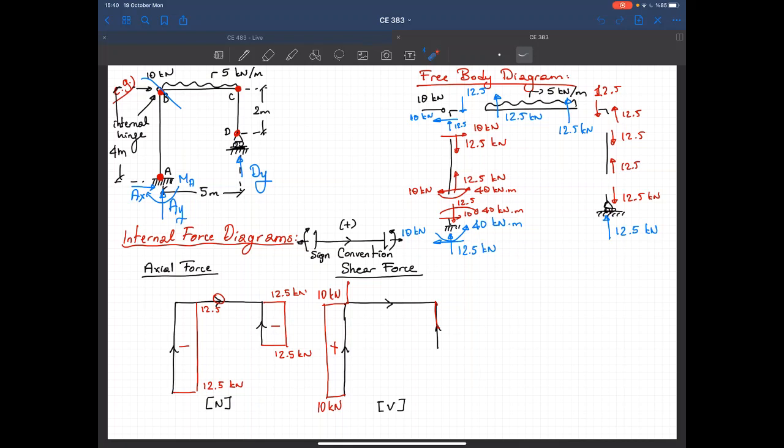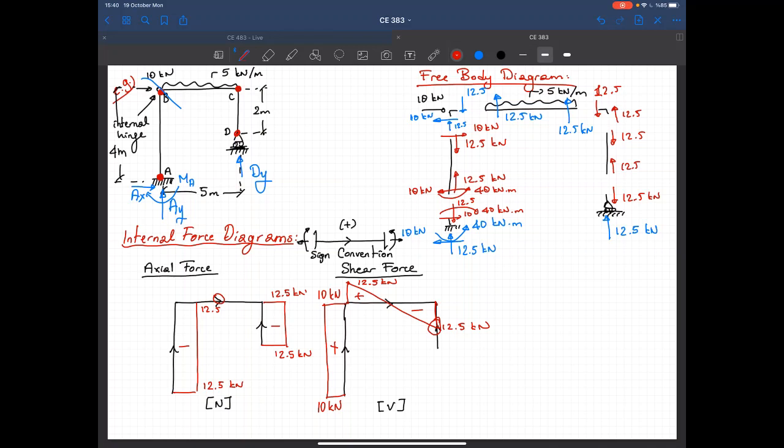Yeah, a uniformly distributed load. Variation should be linear. 12.5 kilonewtons, 12.5 kilonewtons. This is plus. This is minus. And no shear force on member CD. That's 0. That's the shear force diagram.